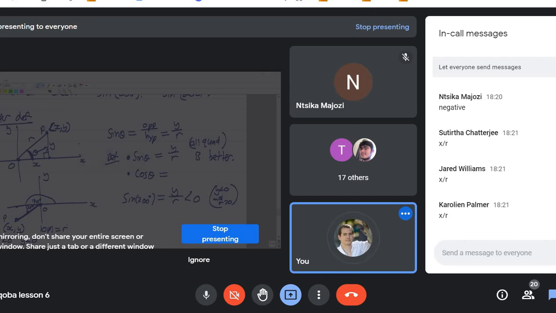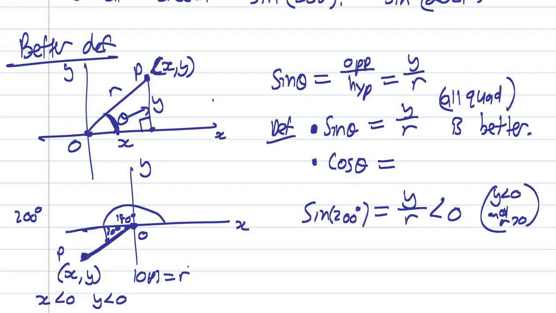Yeah, 3 people have said x over r. Okay, x over r. Load shedding just started my side, so I don't have my second screen. This is what's going on. And tan is going to be the opposite, which is y, over the adjacent, which is x.